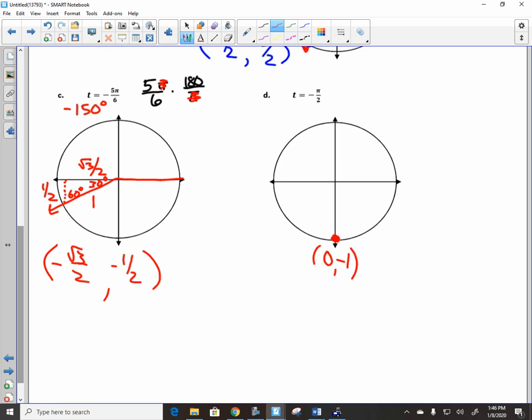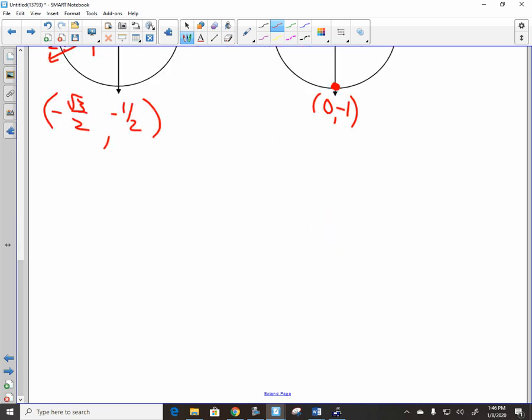It turns out that it works out this way. You get 5 different values. 0 is always paired with 1. 1/2 is always paired with the root of 3 over 2. And the root of 2 over 2 is always paired with itself.